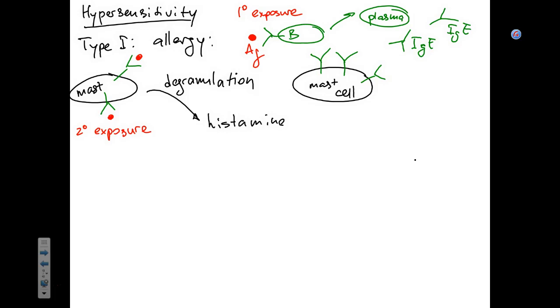Now, if you're really unlucky, you get itchy, because histamine will interact with the pain receptors on your nerves. Receptors for pain and for itchiness are the same receptors. That's why when we hit something, we rub it. When we rub, we kind of block the sensation of pain.